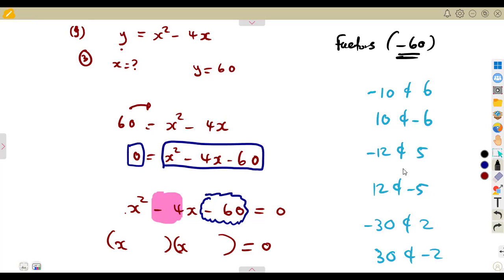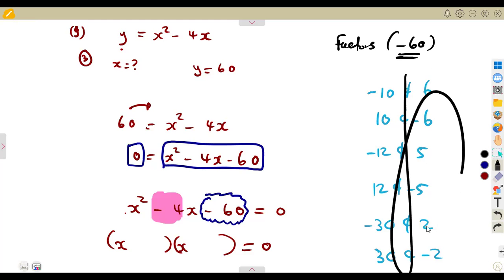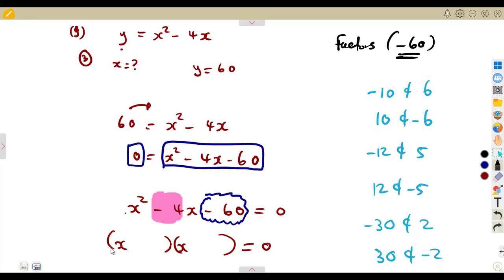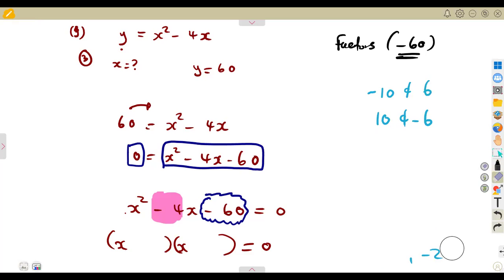But this is what you're supposed to do. You are supposed to list all the factors. Then on each, you start to add one by one. But as you do that, be wise enough that you do not spend much time on 30 and 2. The gap there is too much to get a 4.